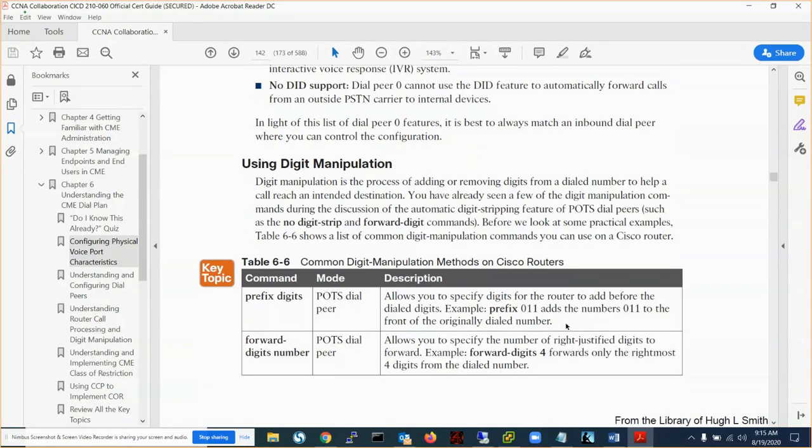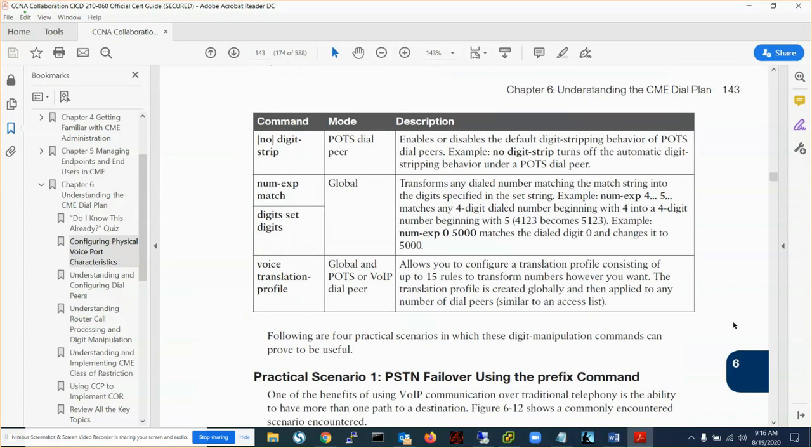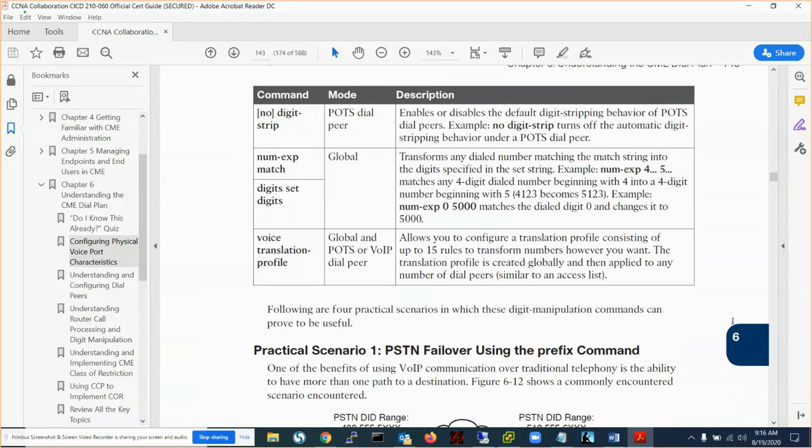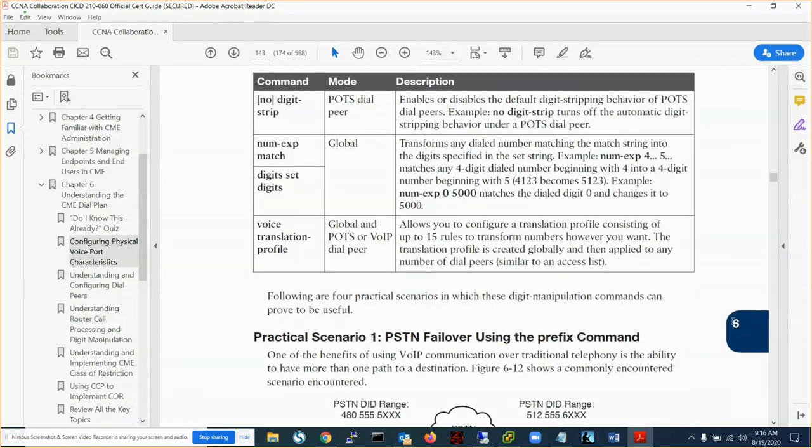If you put in 9001 under a POTS dial peer, it will strip these numbers automatically because you actually put in these specific numbers. So you don't want to prefix the 001. I showed you this scenario yesterday, but we could just touch on it again.